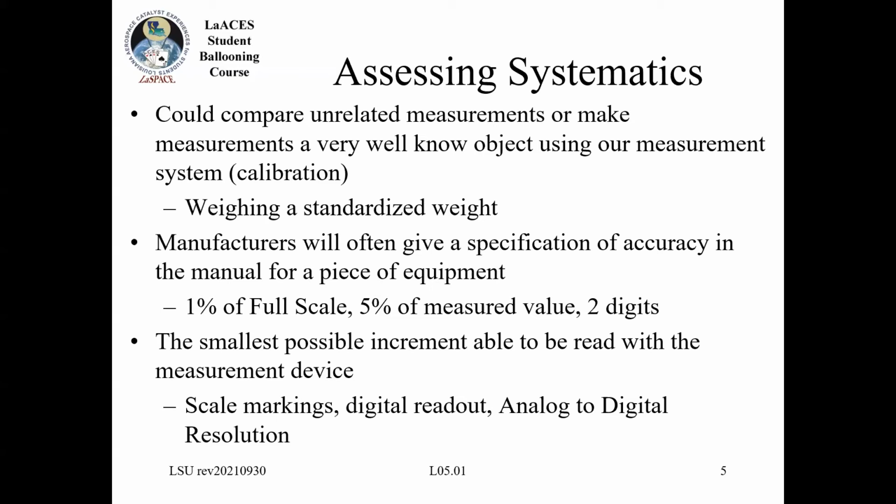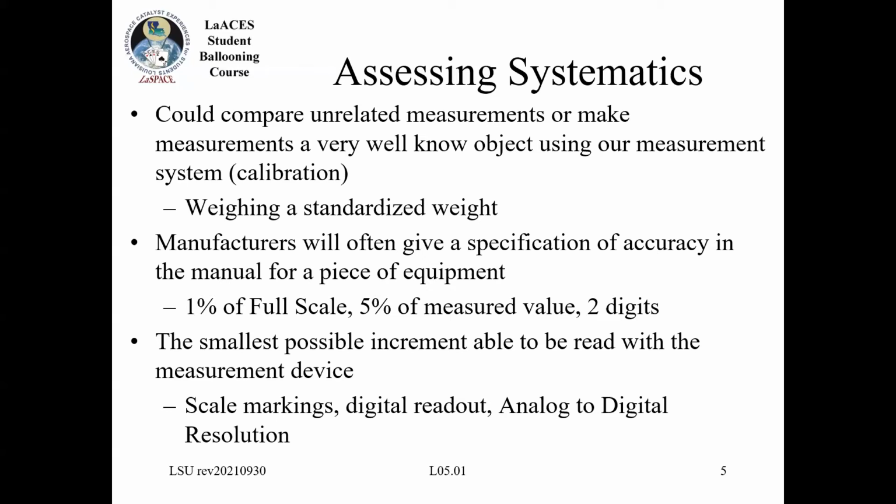Also, this is where you're going to factor in things like what is the accuracy based on the manufacturer specifications. So for your multimeters, for almost any piece of test equipment you're going to use, if you look into the manual, at the back, there's going to be a table where the manufacturer gives you some sort of specification of the accuracy.